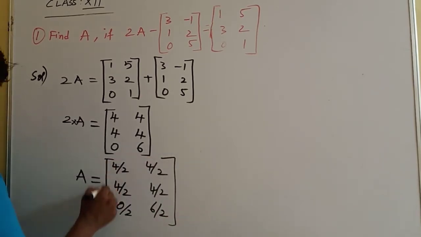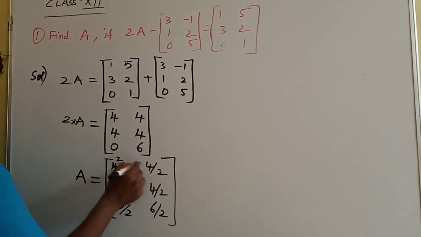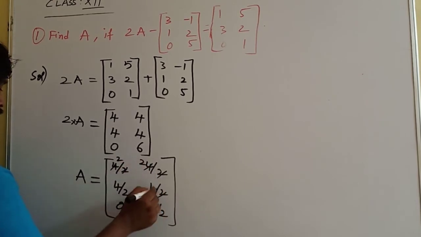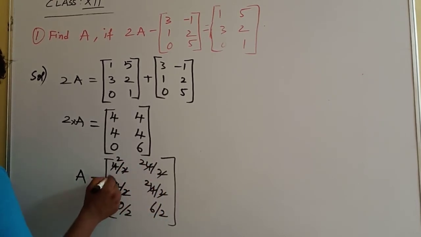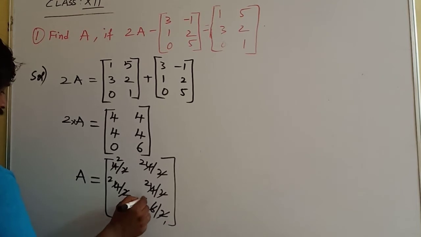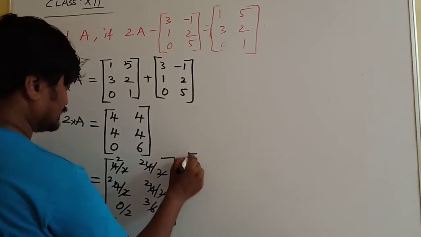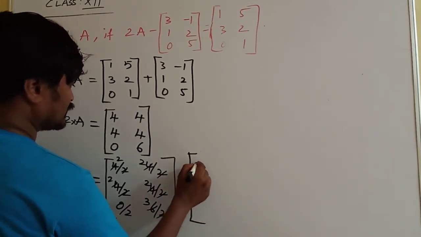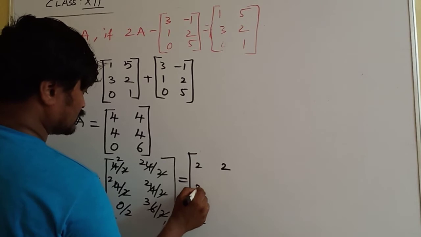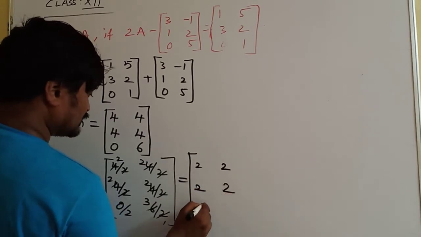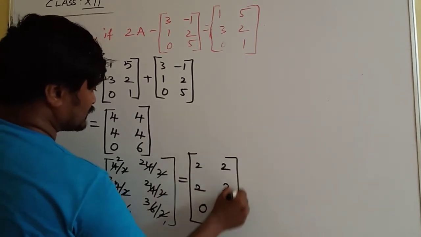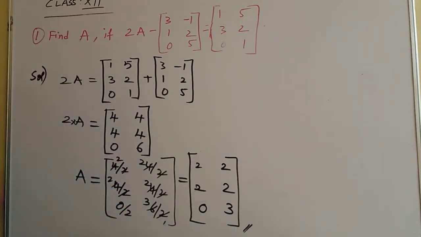What are your answers? 2 2s are 4, 2 3s are 6, and 2 zeros are 0. So at last your answer is 2, 2, 2, 2, 0, 3. So this is your A matrix, and this is your first question. I hope you all understood this.